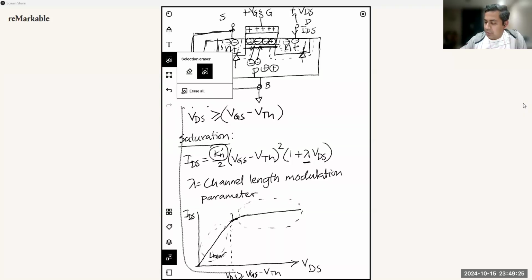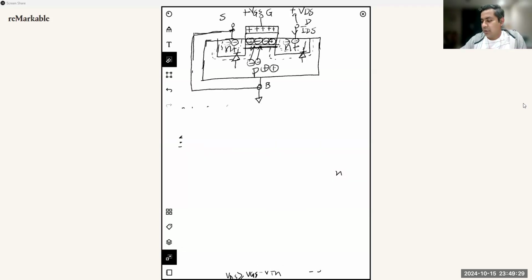Now let's talk about the third parameter. For our purpose of discussion, we assume that the source to body voltage is 0.